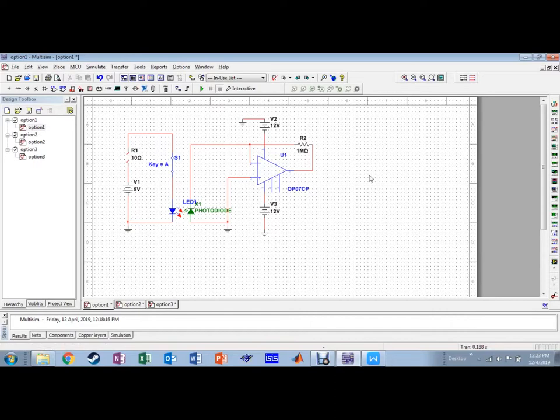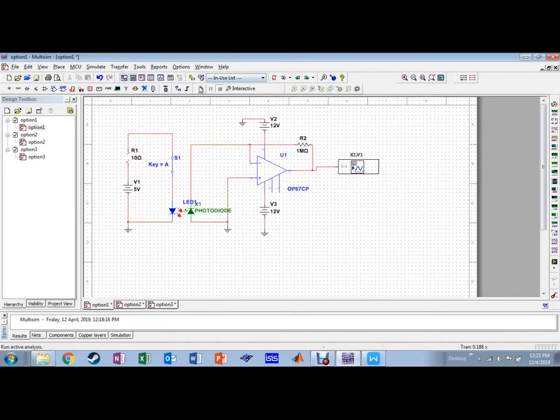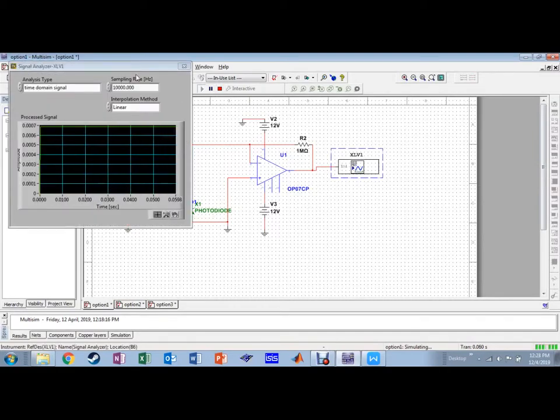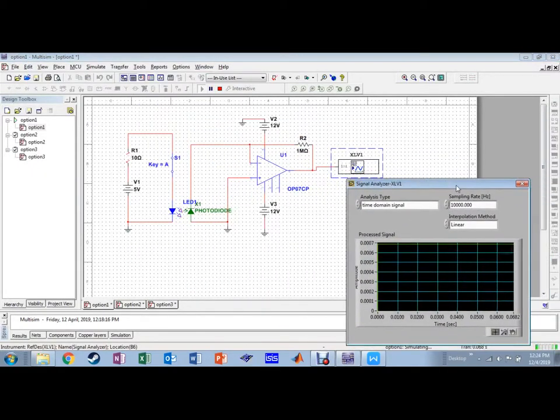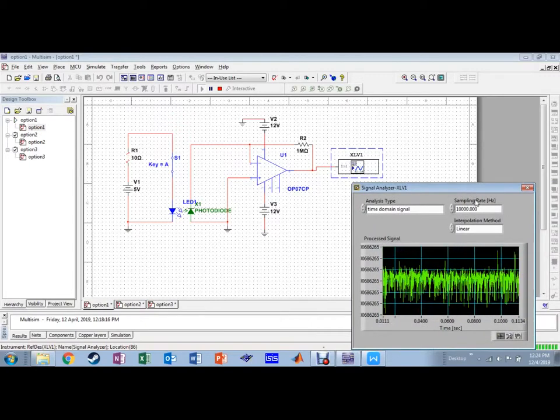So click here at LabVIEW instrument, select signal analyzer and put it here. Connect to pin 6 of OP07. Try to run it and click here. So this will show the characteristic response of the circuit.